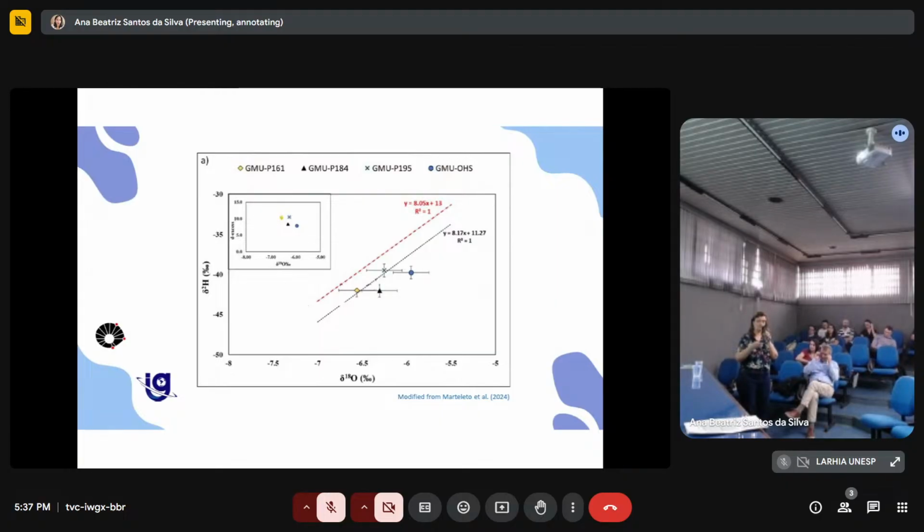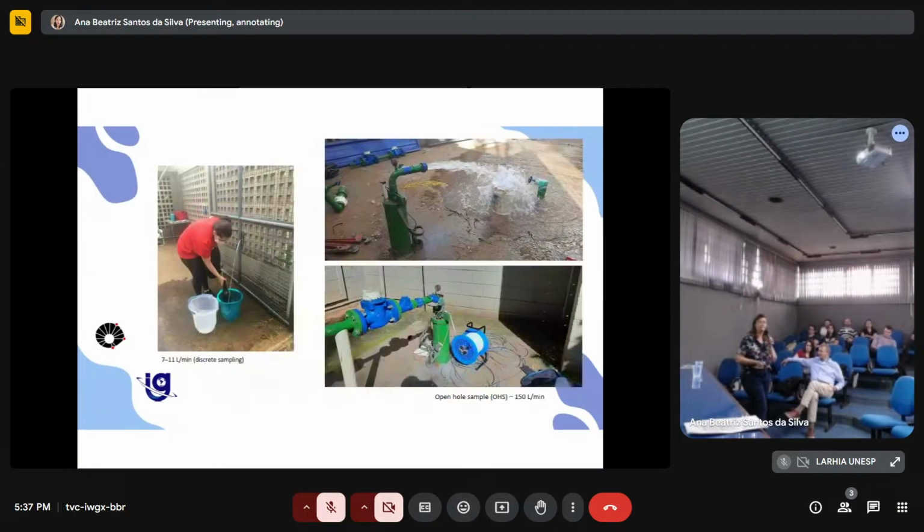Then this doesn't work. Then one thing that came to our mind is that this could be related to the way that we do the sampling. I mean the following. This is the situation when we collect the water for the discrete samples.